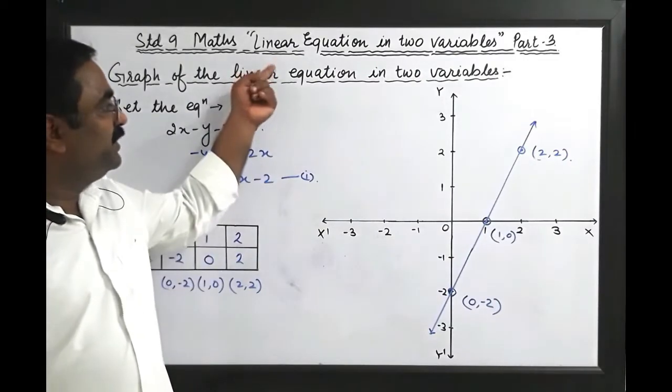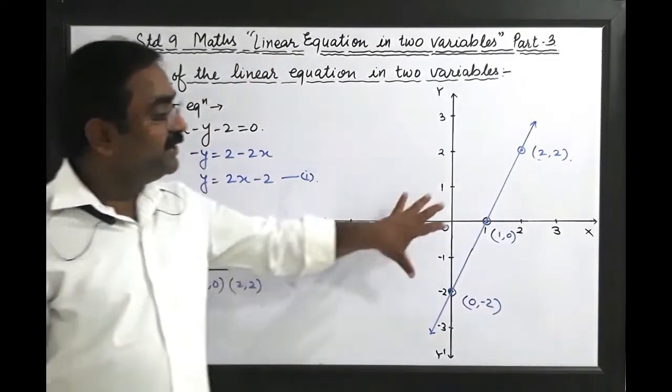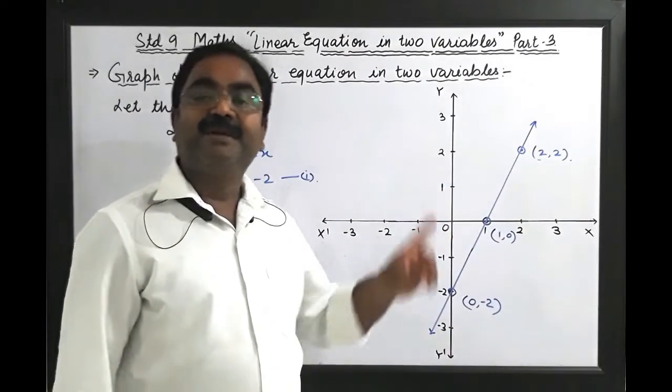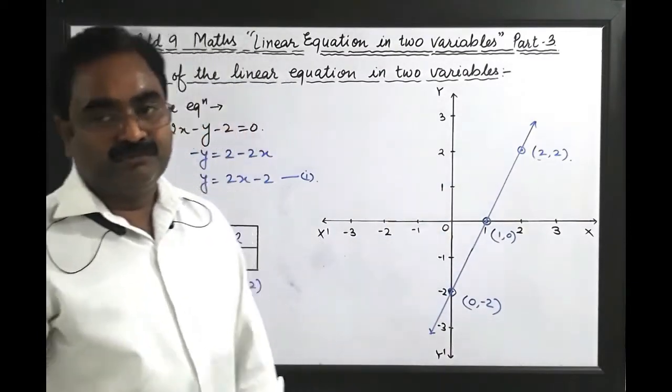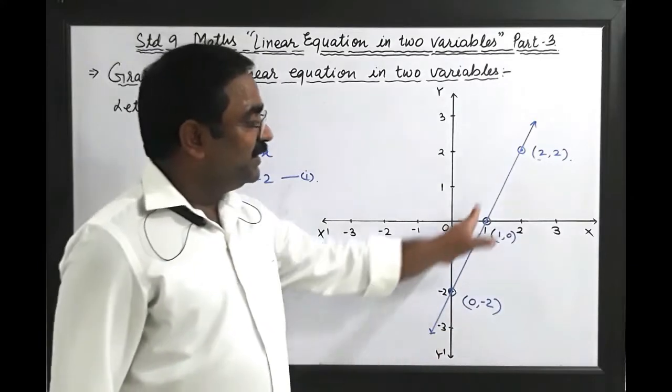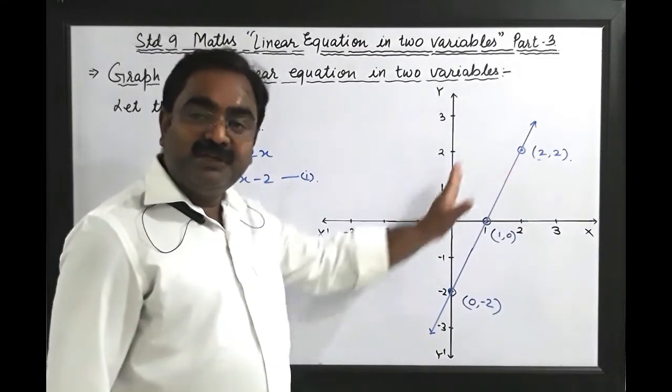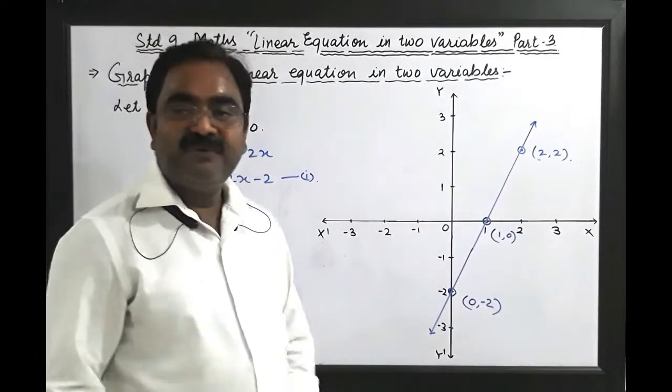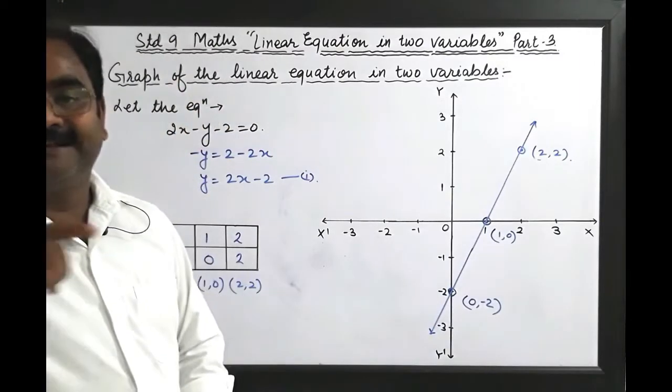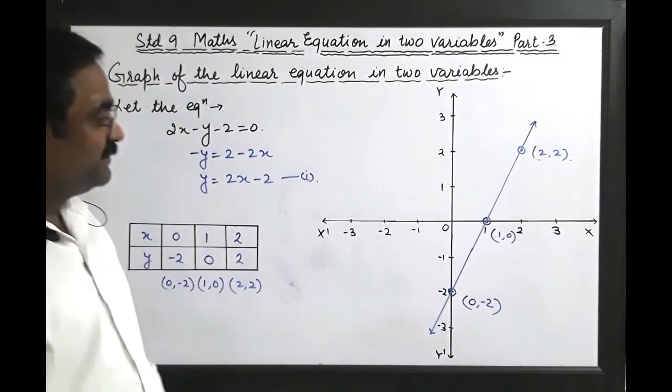To understand the meaning of the word linear, we can use the graph, because its graph is a straight line, a linear line.